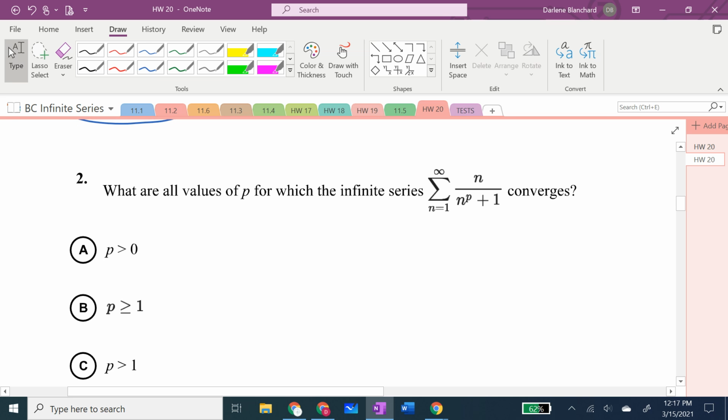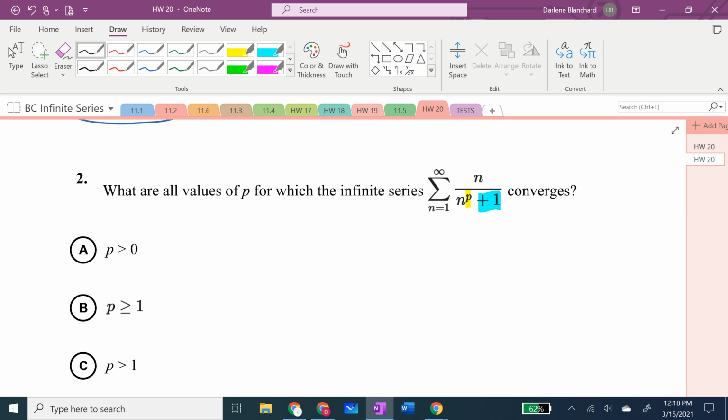Now with number 2, it wants to know the value of p that will allow this to converge. What you're expected to notice is this +1 is screaming, I need a comparison test. I have to be compared. This +1 is a problem. Anytime you see addition or subtraction within the numerator or denominator, most likely you need a comparison test.